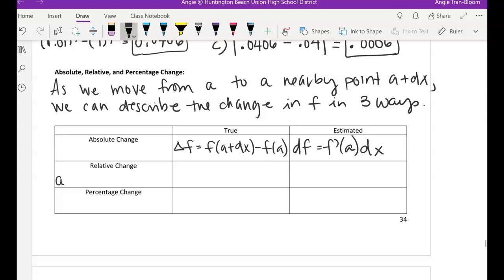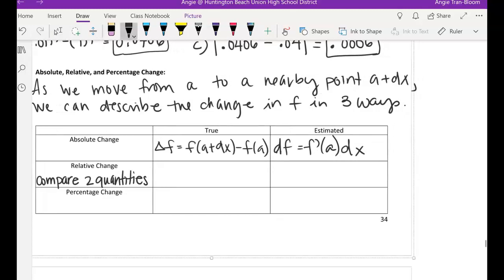Relative change is pretty much talking about comparing two quantities. Okay. So for the true, we have the change in f divided by f of a. Over here, we have df divided by f of a.